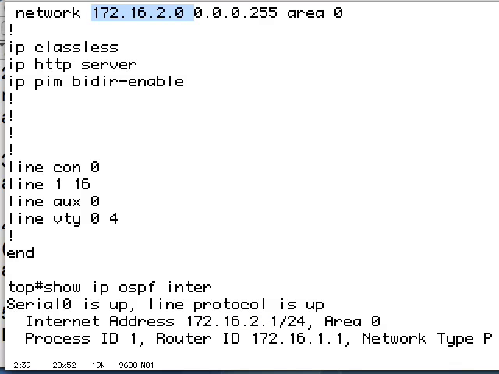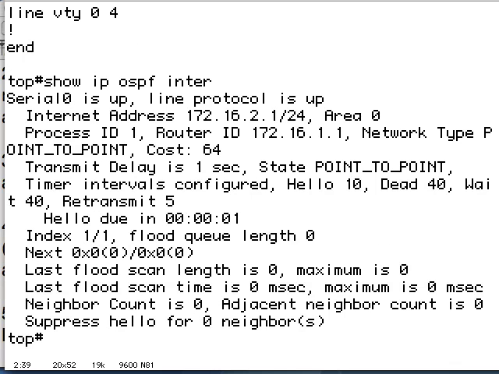So that means that this interface will have OSPF turned on and it will be assigned to area 0. And you can see it's correct. It's our one interface, which is in that range, is an OSPF interface. It is in area 0. The area is 0, and the process ID is 1 because it's router OSPF 1.